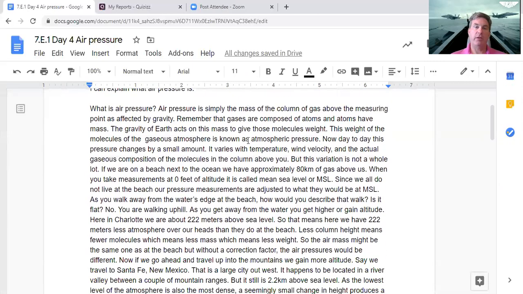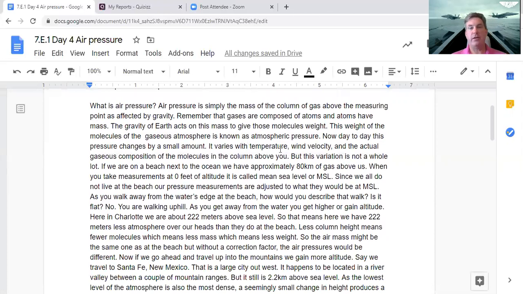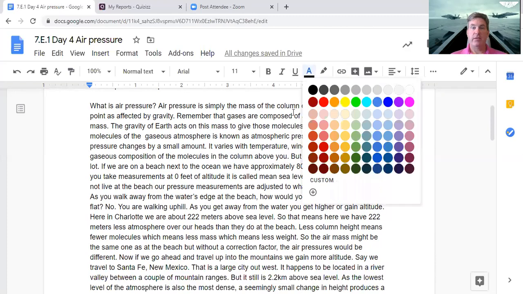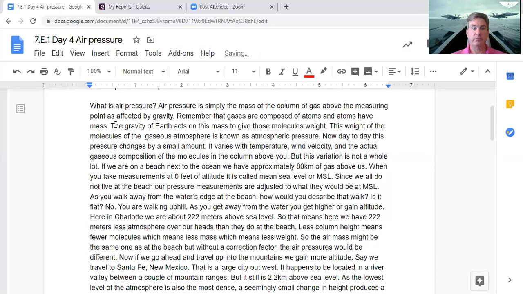So you could hear it in PSI, in millibars, or in inches of mercury. So right there is your definition of atmospheric pressure.